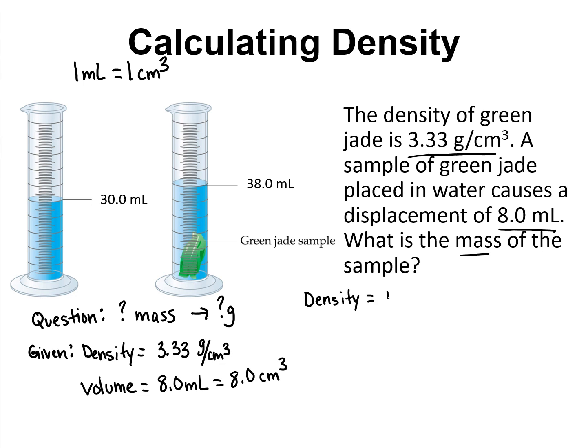We know density is equal to mass divided by volume. In the last problem, we rearranged this to solve for mass.